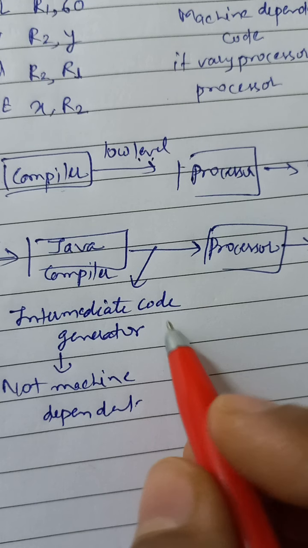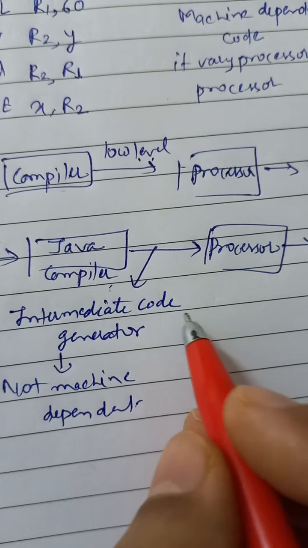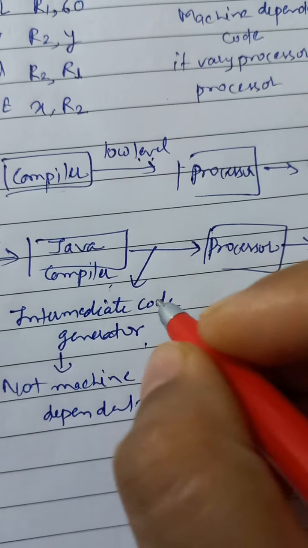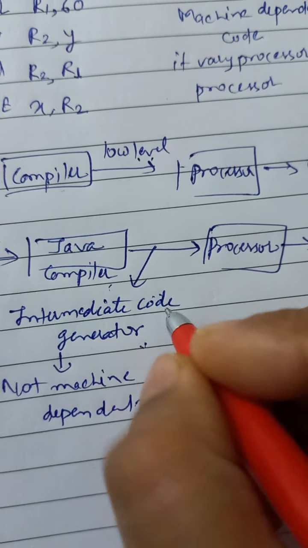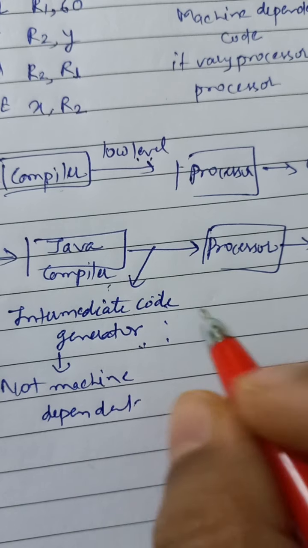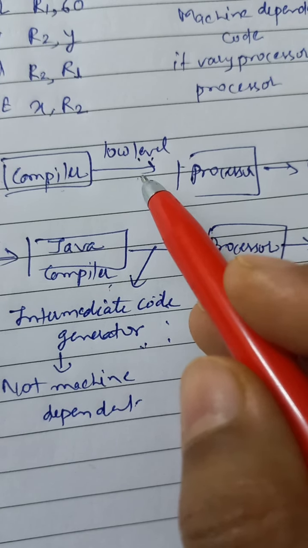It takes less time because in the Java compiler it goes through four steps: lexical analyzer, syntax analyzer, semantic analyzer, and intermediate code generator. Till then only it works. It doesn't work on the target code generator, which is used by the normal compiler.